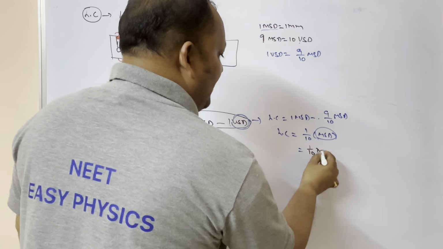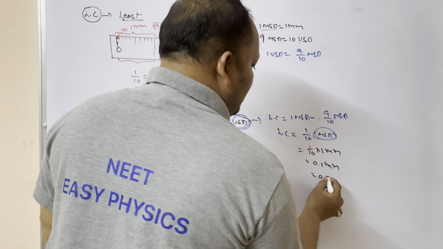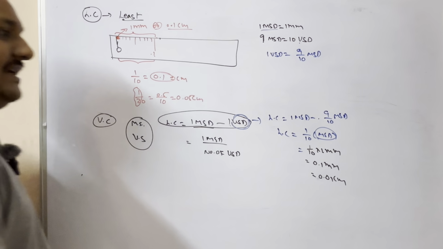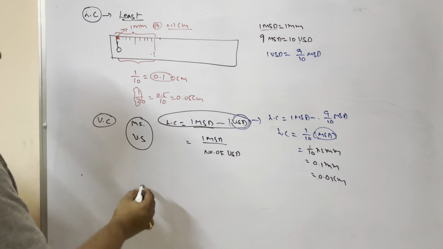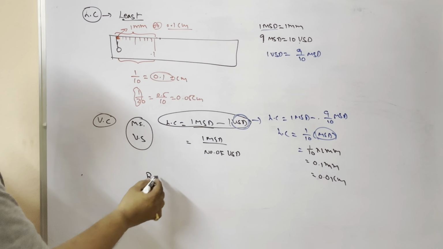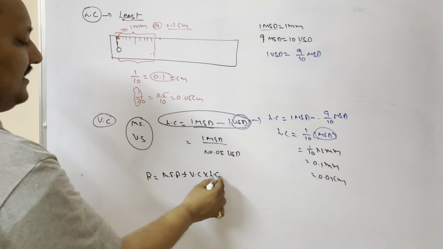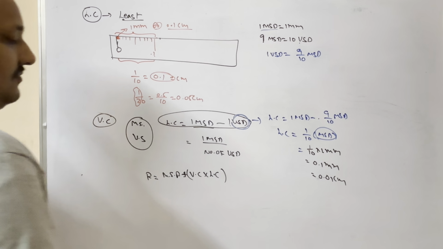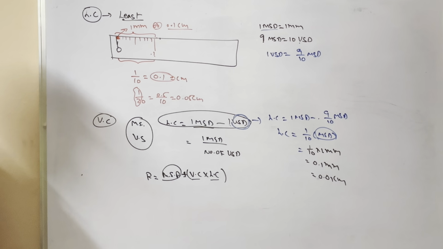Therefore 1 by 10 into 1 mm. So 0.1 mm, 0.01 centimeters. So by using this, how to take reading? Reading formula is MSR plus VC into least count. So VC means vernier coincidence, LC means least count, MSR means main scale reading.